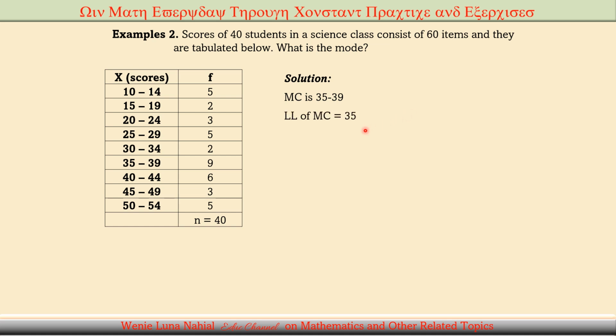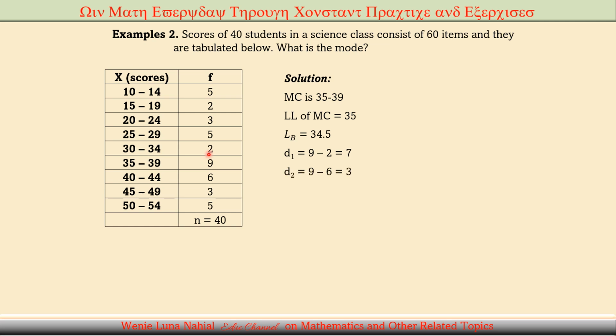Then the lower limit of the modal class is 35. Then the lower boundary of the modal class, knowing that the lower limit is 35, is 34.5. Then D sub 1, this is the difference of the frequency of the modal class and the frequency below it.